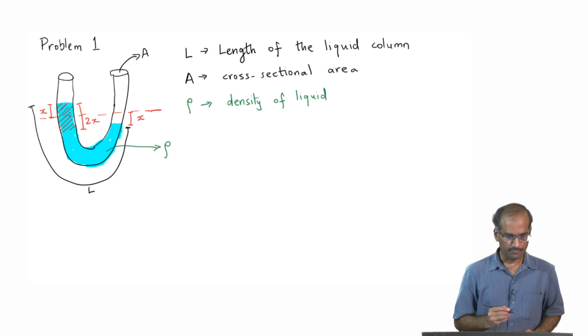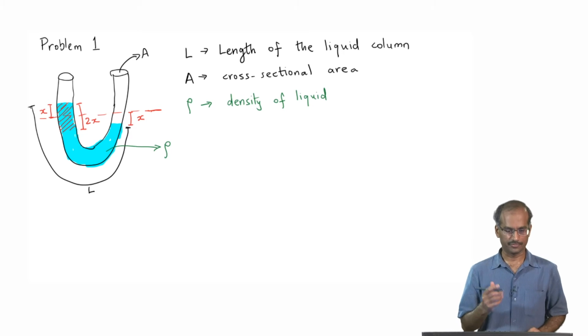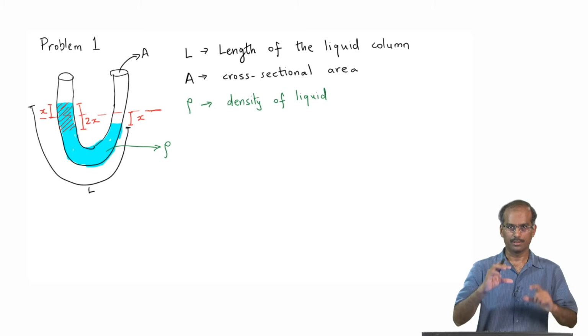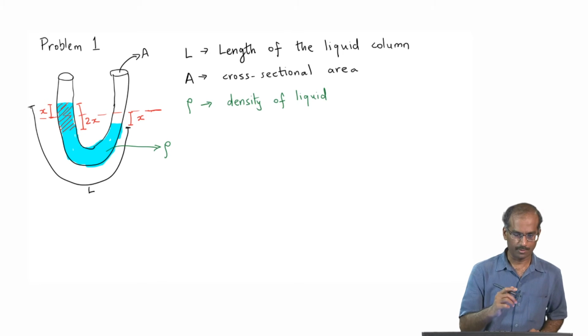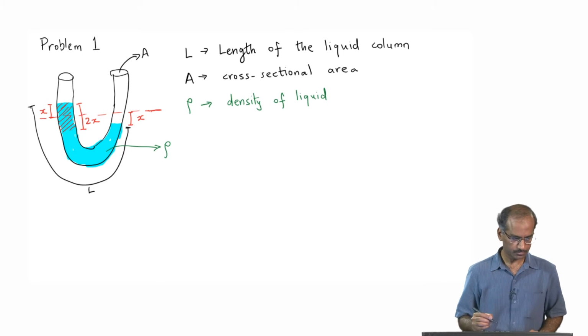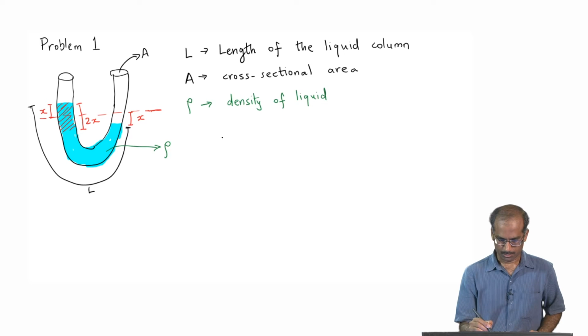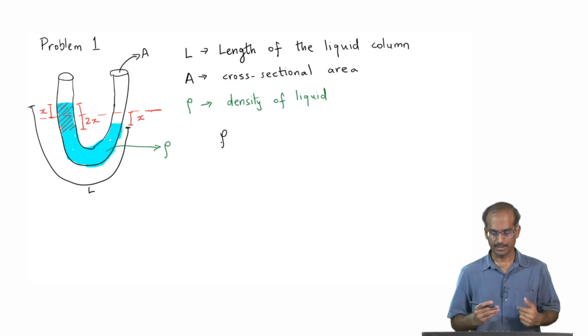So, the weight of that liquid essentially provides the restoring force. So, what I would first like to know is what is the weight of this column of liquid. So, that would be rho, which is the density. Density is mass divided by volume.